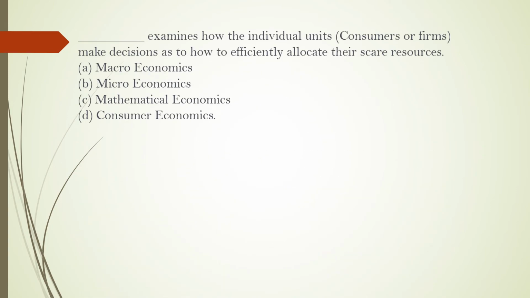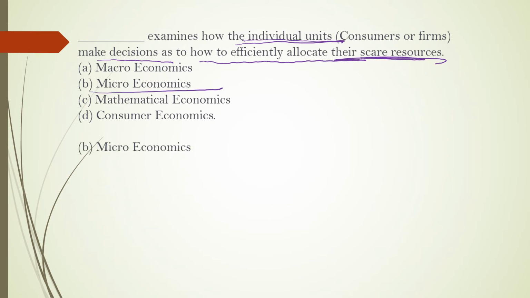Next one: dash examines how the individual unit, consumer or firm, makes decisions as to how to efficiently allocate their scarce resources. Of course, we are talking about individuals, means microeconomics. Next one, the right answer is microeconomics.